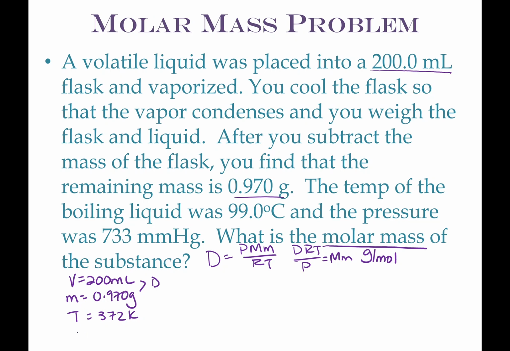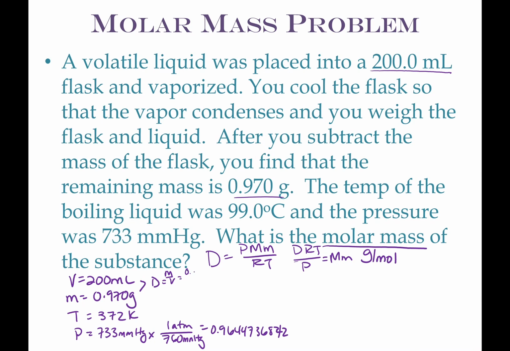And the pressure was 733 millimeters of mercury. Well, I can't use that, so I need to just divide by 760 to get atmospheres. So 733 divided by 760, and I get 0.9644736842. So I can divide these and say density is mass divided by volume.